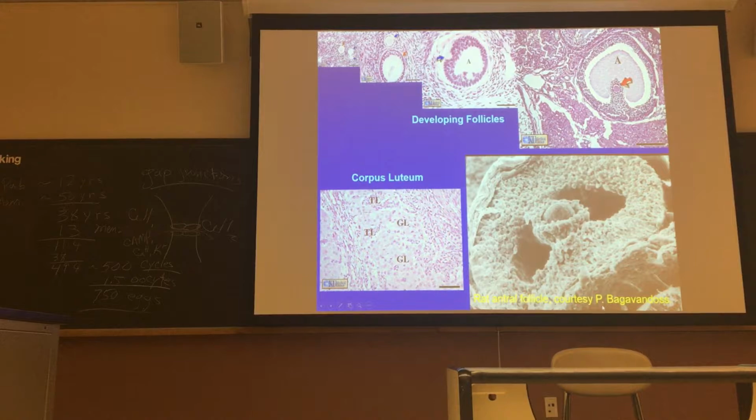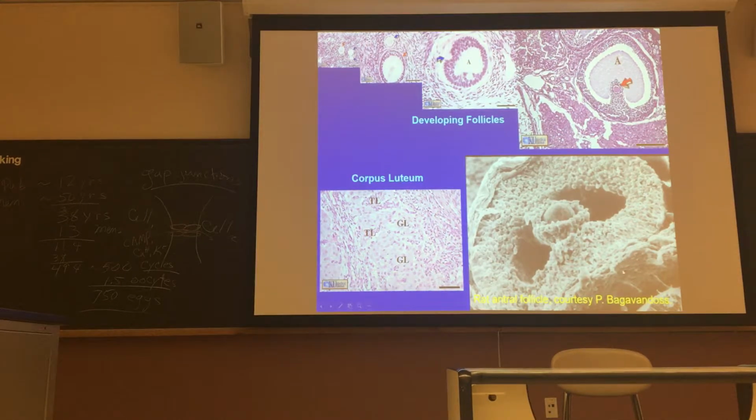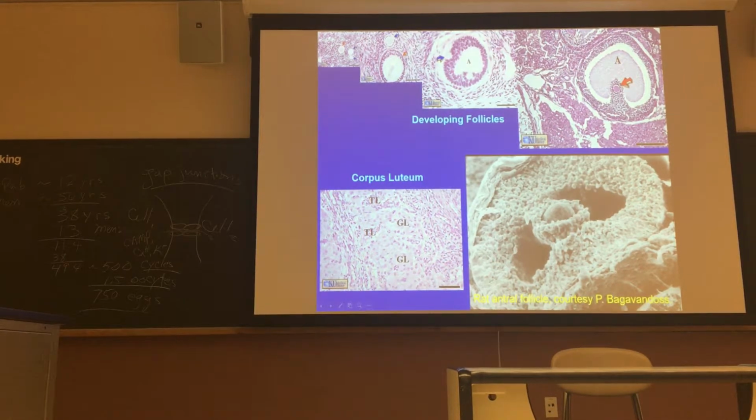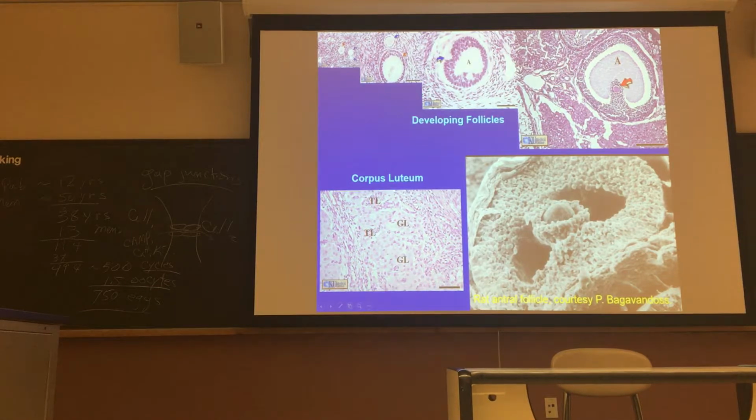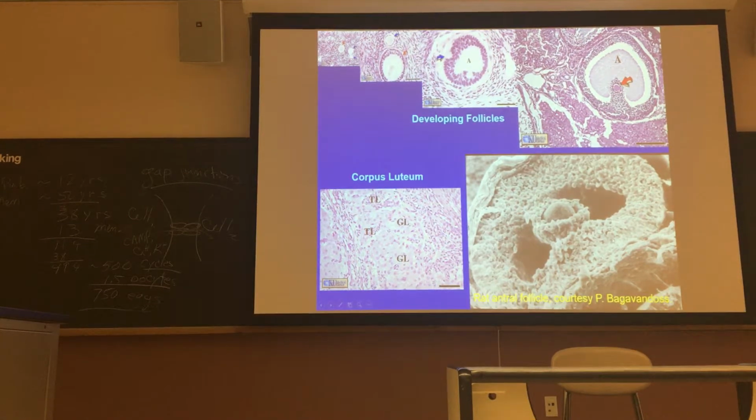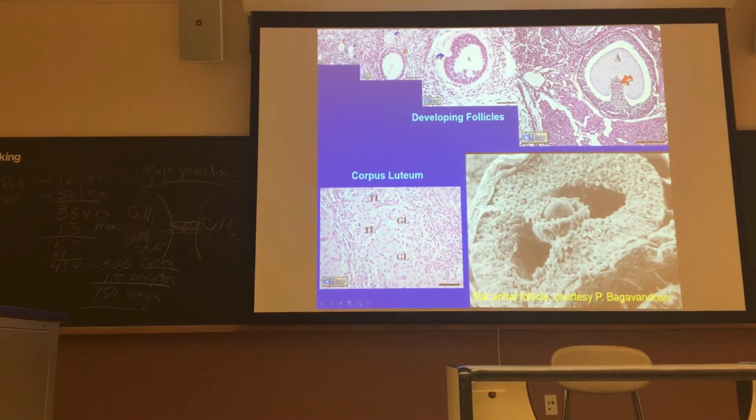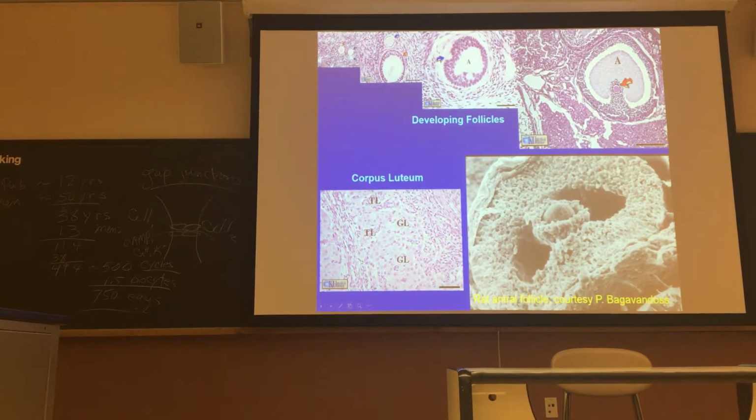The guy who did it was Paulraj Bhagavan Das. He was working in the same lab I was at the time he did this. This is a rat follicle. Okay. A mouse follicle or a rodent follicle would look similar to it. The reason we know that, and we can prove it, is that the mural granulosa cells in rodents pile up in multiple layers. And in most other species, you have fewer layers of cells.